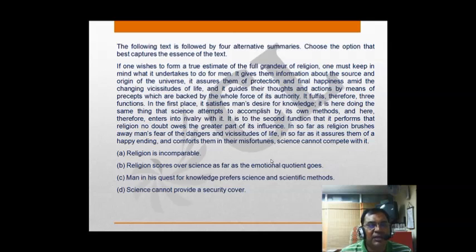So the basic thing is that both science and religion provide knowledge, but religion also gives happiness, that everything will take place, there's somebody else to do it. So religion being incomparable is wrong. Religion scores over science in emotional quotient, yes, because the people are happy. Science cannot provide us security cover. Science is always progressing, so it was very easy to mark answer B and move on.